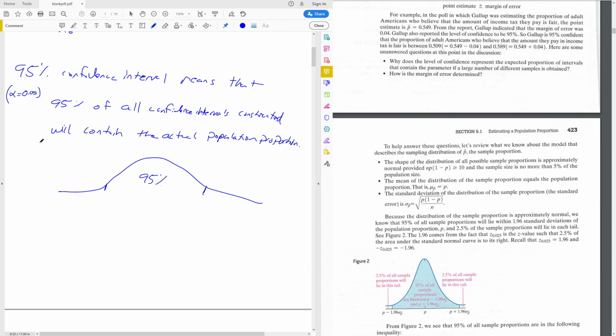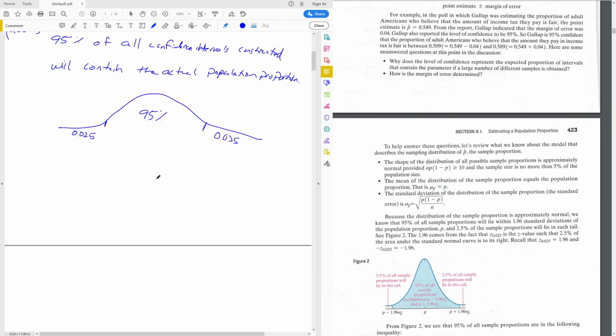And so they're talking about the percentage that's not inside the interval. But we have to remember that the 95% is in the middle. So this is actually 2.5% here and 2.5% here.